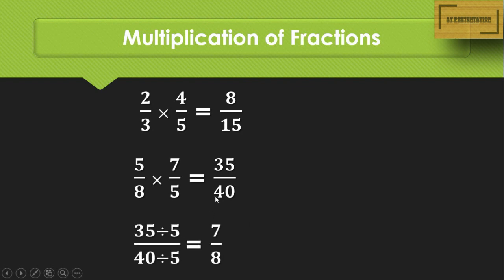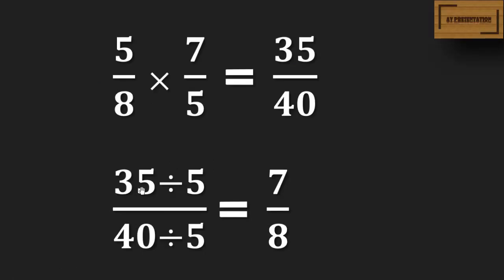So 35 and 40 are divided by 5. 35 divided by 5, since 5 sevens are 35, so write 7. And 40 divided by 5, since 5 eights are 40, so write 8. So the final answer is 7 upon 8.